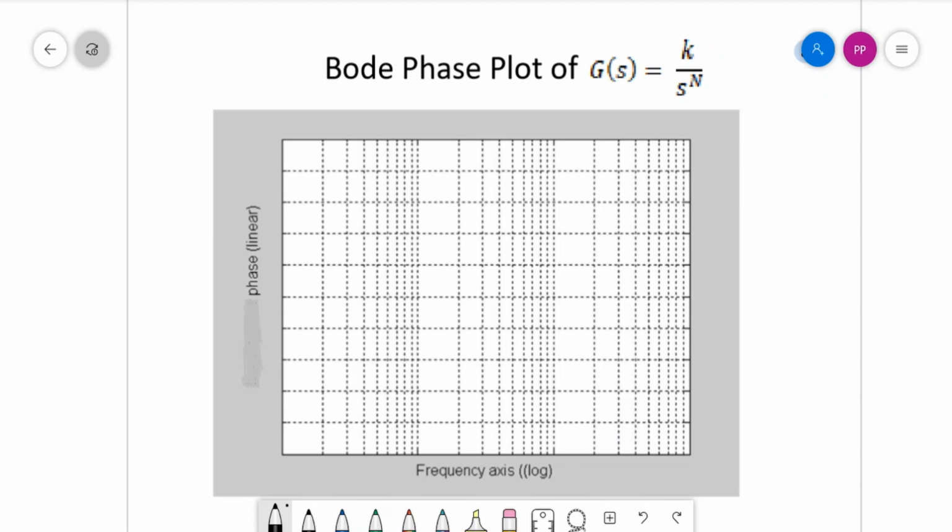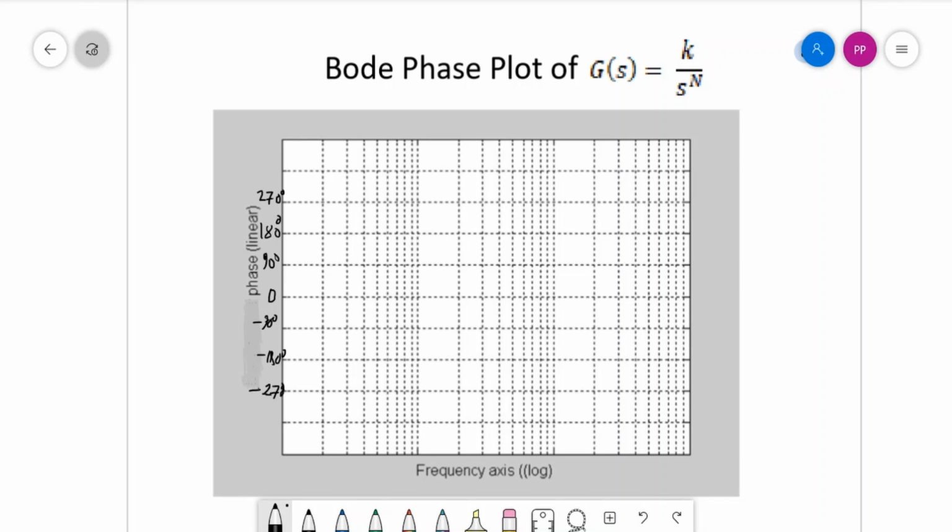Suppose here 0 degree, then here 90 degree, here 180 degree, here 270 degree, and here minus 90 degree, minus 180 degree, minus 270 degree.